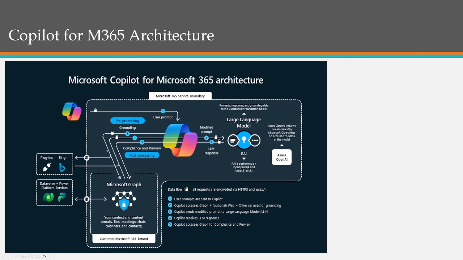The Copilot goes and searches the internet using Bing and your Dynamics 365 business suite, and it creates the Microsoft Graph. The reason it creates the graph information is that it is easy for the LLMs to traverse the graph. So this information will go to the large language models. This large language model didn't find any course management information, so it generates it and sends the information back to the Copilot. Copilot will respond back to the user.